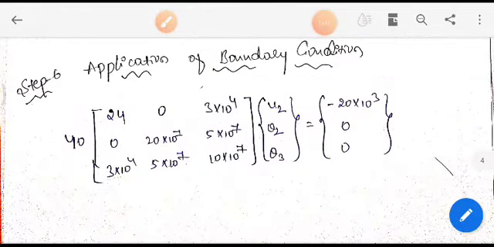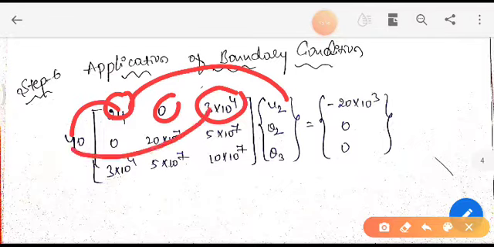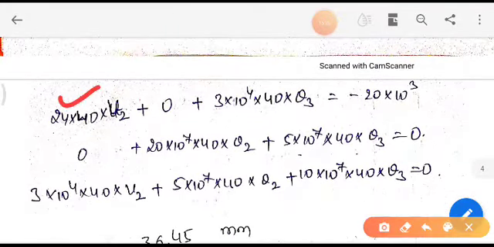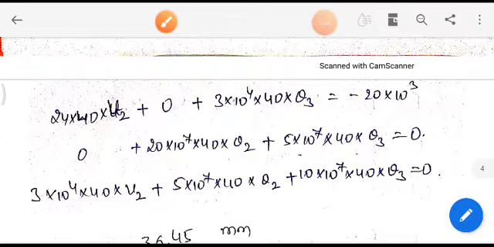If you see here how we have written: 24 into 40 into v2 plus 0 plus 3 into 10 raised to 4 into 40 into theta 3, which is equal to minus 20 into 10 raised to 3. That's what we have written. Similarly, we need to write for all three.